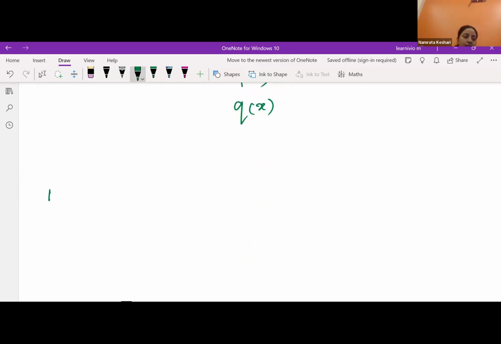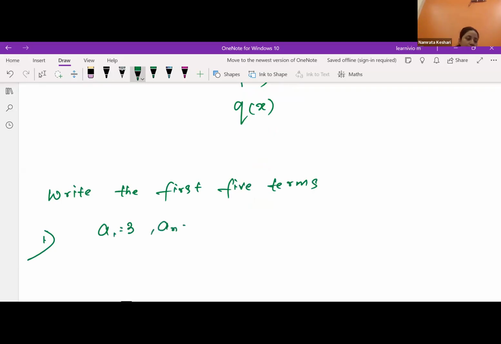Now the question is like this: write the first 5 terms. If a1 is given as 3, an is given as 3 a(n minus 1) plus 2 for all n bigger than 1.